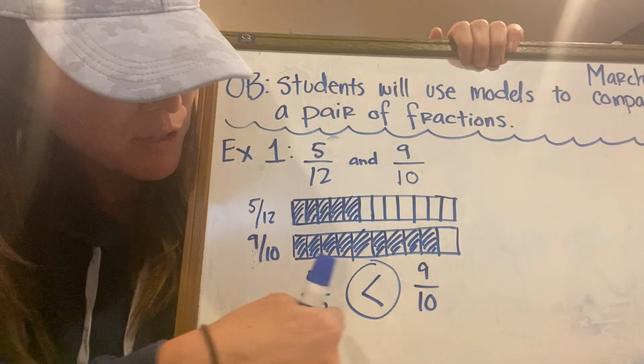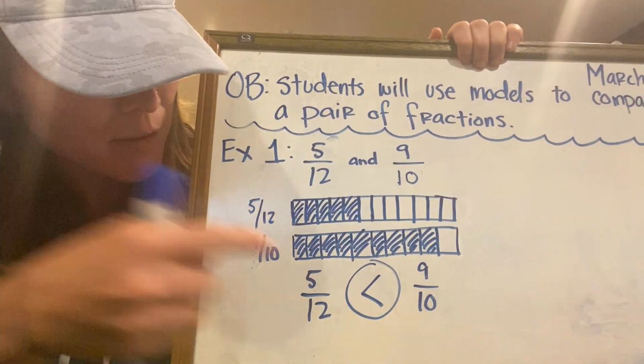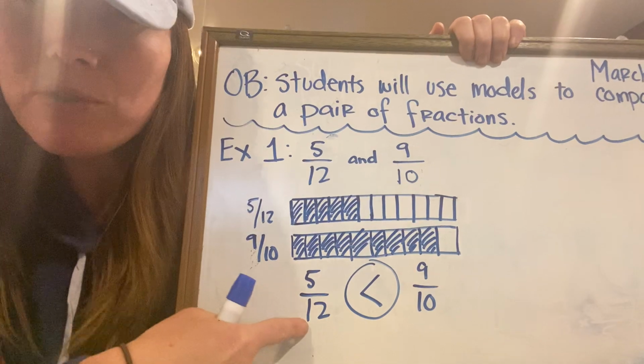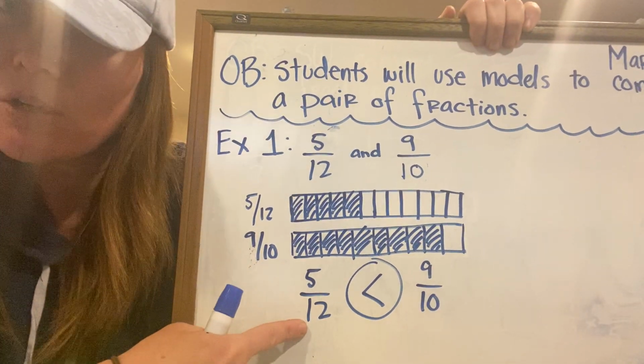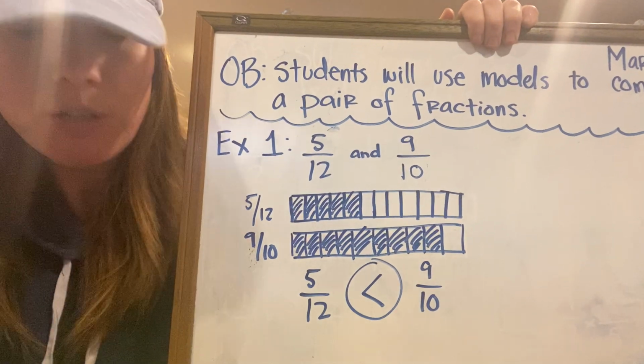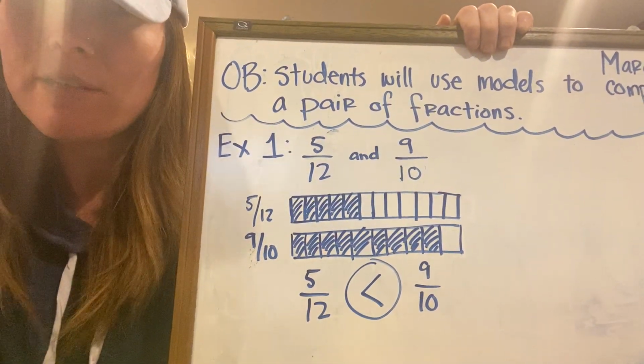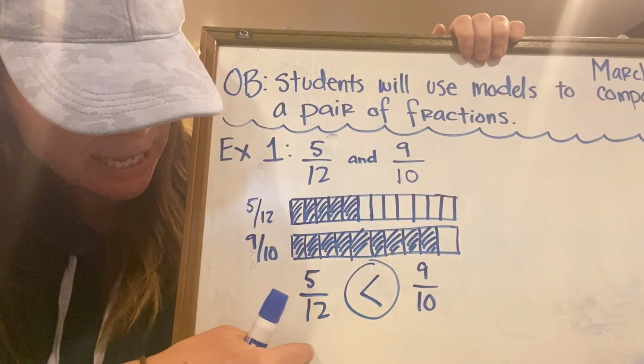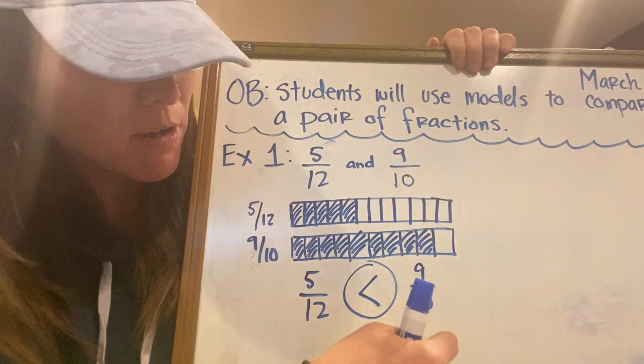If this were reversed and 9/10 was first in this comparison, then you would write it differently. You would write 9/10 is greater than 5/12.